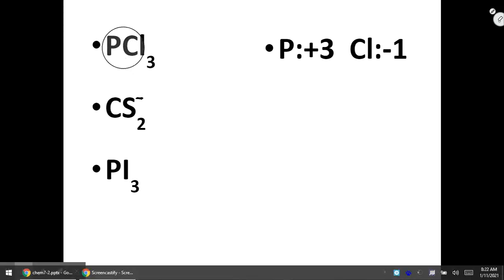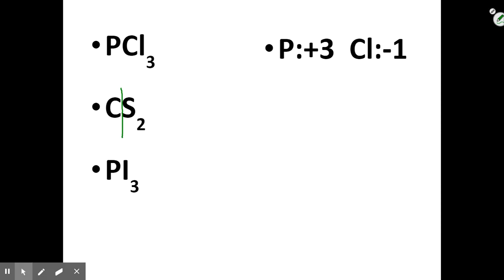Let's look at the next one. If I look at CS2, I'm going to split it in half. For S, the charge is -2. So each S is -2, but I have two of those.